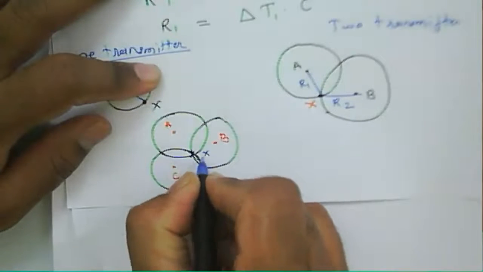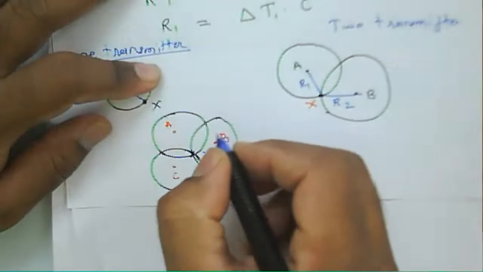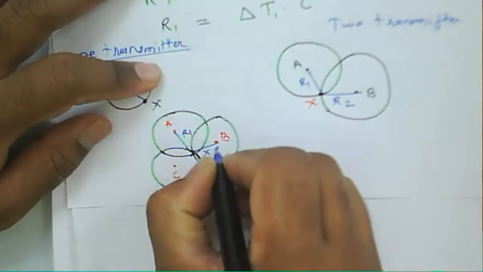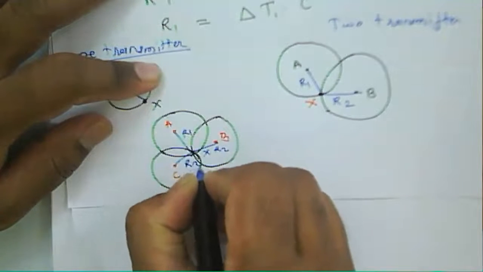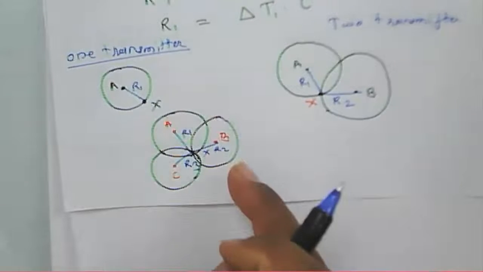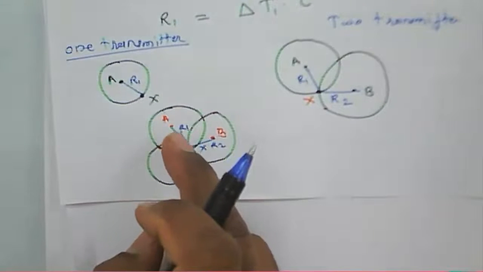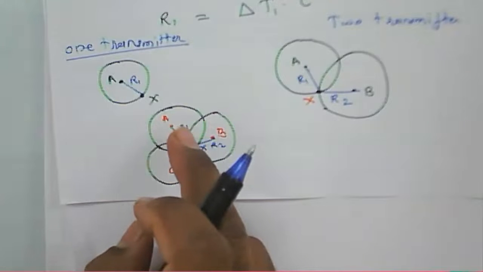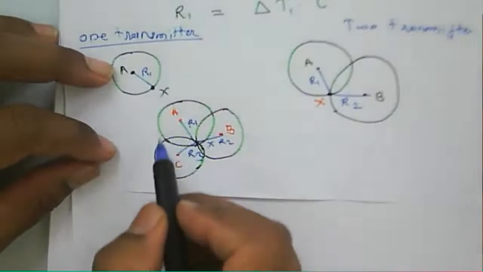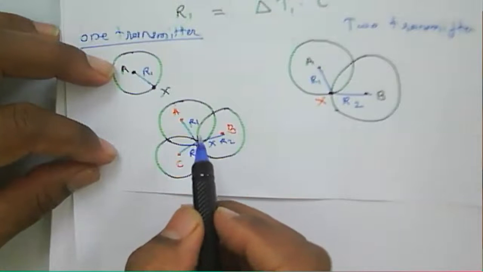Here we have the receiver X. We have R1, R2, and R3, so these are the three transmitters. We have the transmitters A, B, C, and the circles of R1, R2, R3.